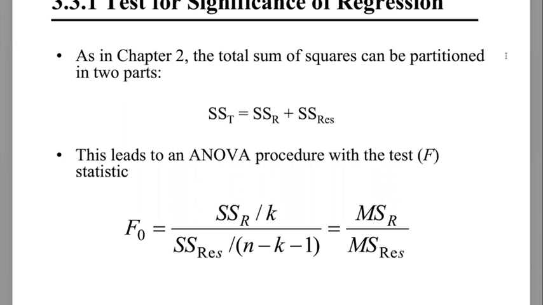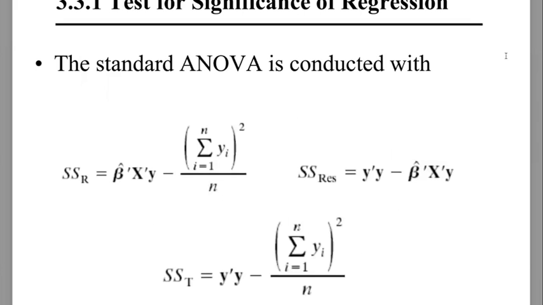Well, we can do the same type of thing in the context of multiple linear regression. And so the way to do this is to calculate the total sum of squares in the response and the sum of squares due to the regression, and then we can get the sum of squares residual by subtraction. But there are also ways to get them directly, as you're seeing in these formulas.